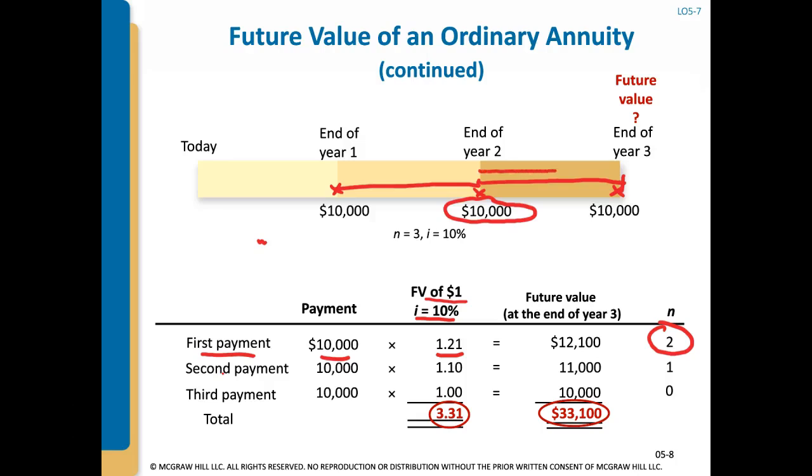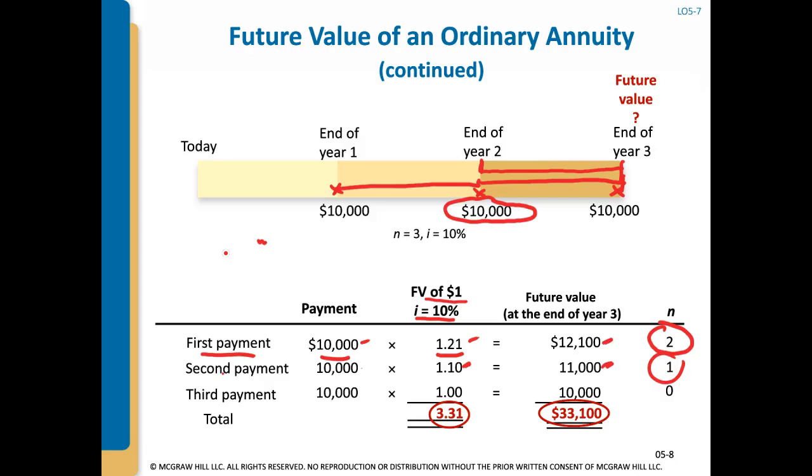In that situation, we only have a single compound period. So we would go to our future value of $1 table and look at I equals 10%, N equals 1, and we get 1.1, and 10,000 times 1.1 is 11,000. I didn't go through this, but 10,000 times 1.21 equals 12,100.